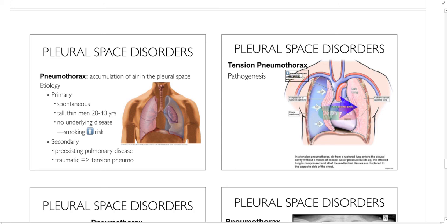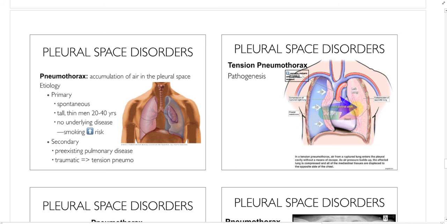So what happens is each time the person exhales, further and further air gets sucked in, because when we expand the chest, that creates negative pressure in here. As that negative pressure develops, we're going to suck more air into this space. As more air develops in this space, more pressure develops, pushing everything this direction.